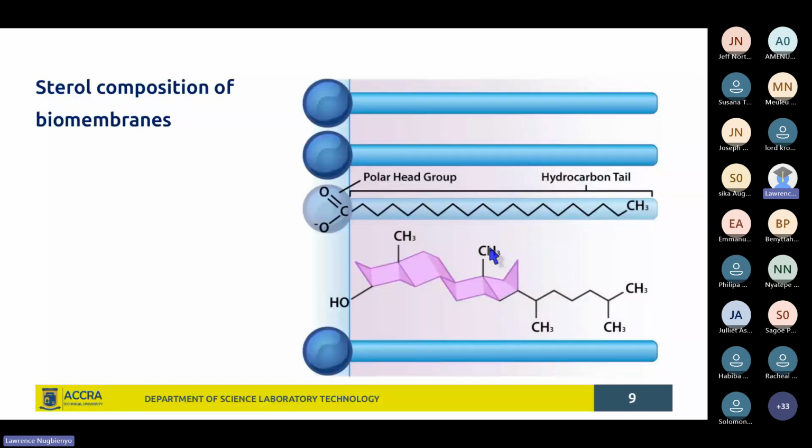You do remember that. Here we are not showing any of such double bond.